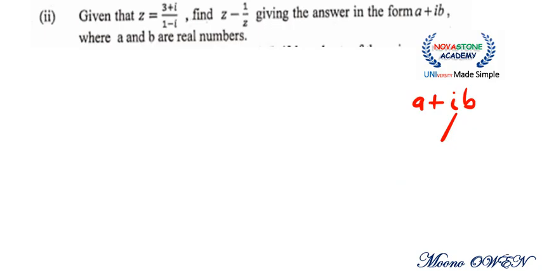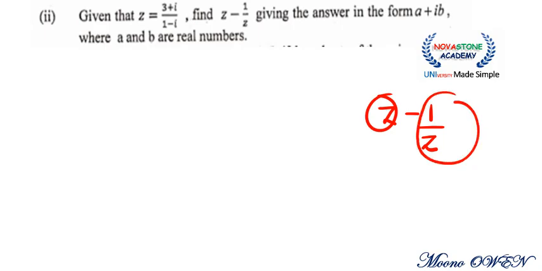Okay, so now that we've got this as a guide, and they want our answer to be in that form, we're trying to solve z minus 1 over z. Basically what I'm going to do is find what z is, and find what 1 over z is, then I just subtract the two. So let me start with z.